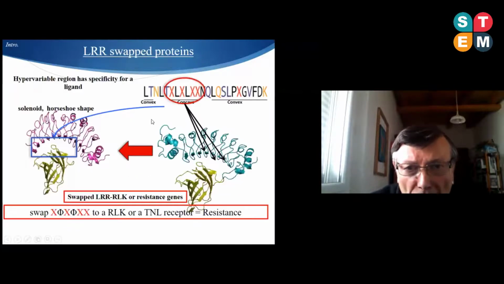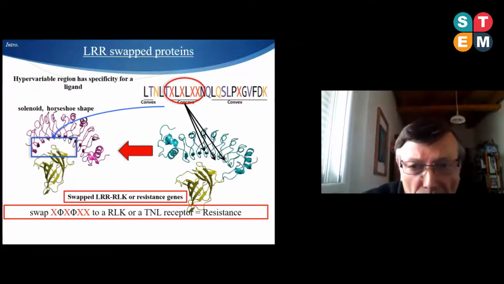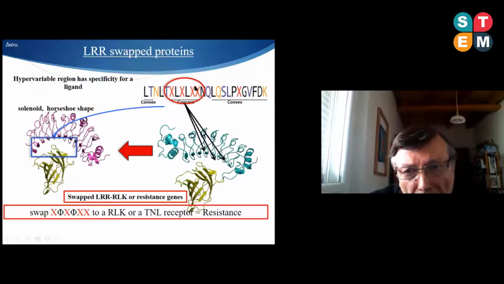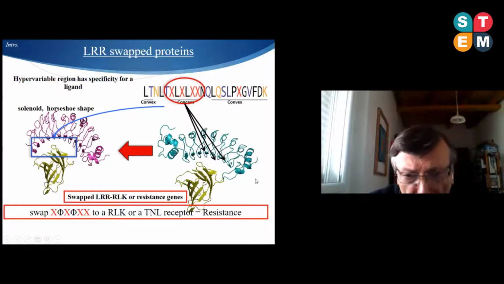So what I researched in the last years was the transfer of this region that recognizes one ligand to other resistance genes and receptors, and we showed that these chimeras or swapped resistance genes are effective to increase resistance.